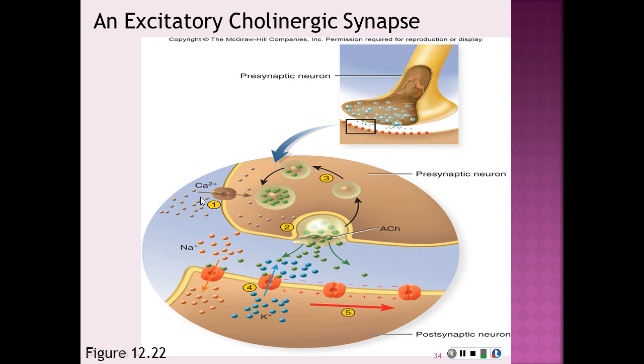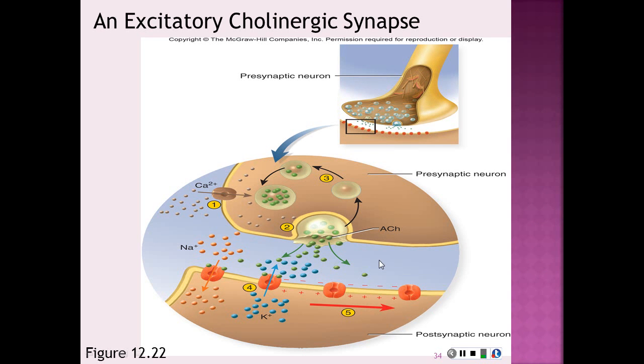So we have the calcium entering through the channel gates into the presynaptic neuron, and we have acetylcholine within these vesicles. Once the calcium enters, it triggers exocytosis, releasing the acetylcholine through the synaptic cleft.